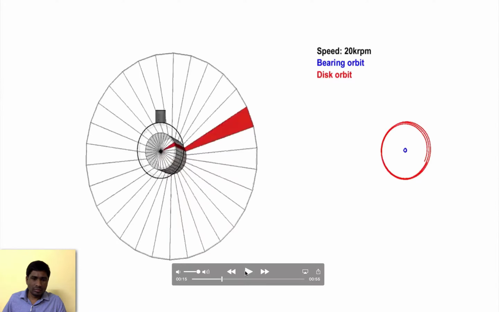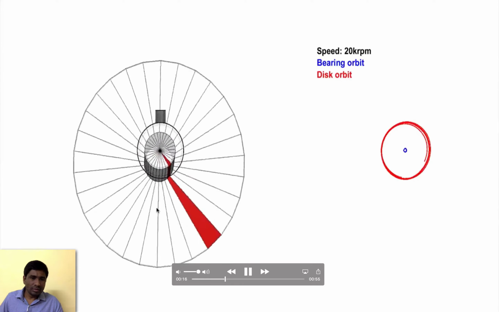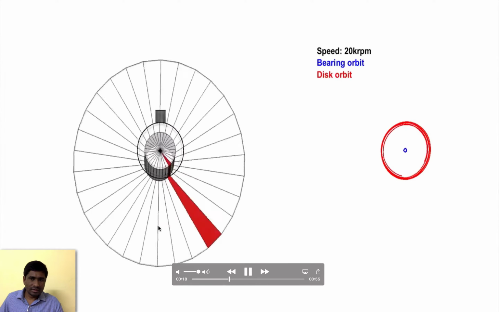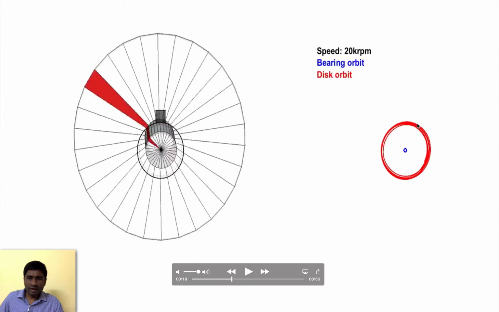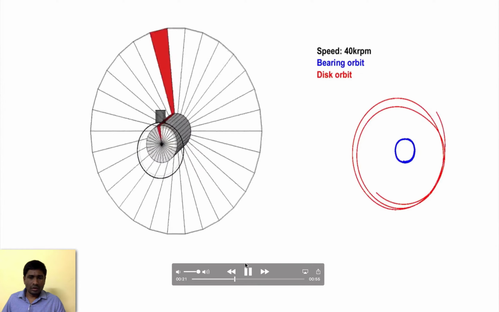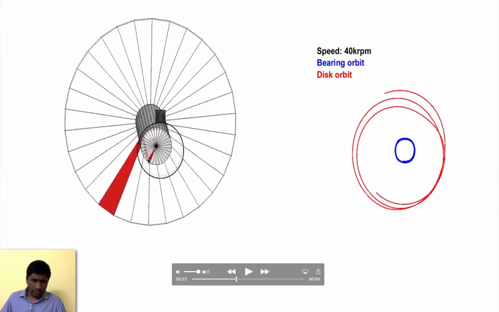And if you consider any point on the disc, the red color line is tracing that point's motion. Now I will consider one more point on the shaft.